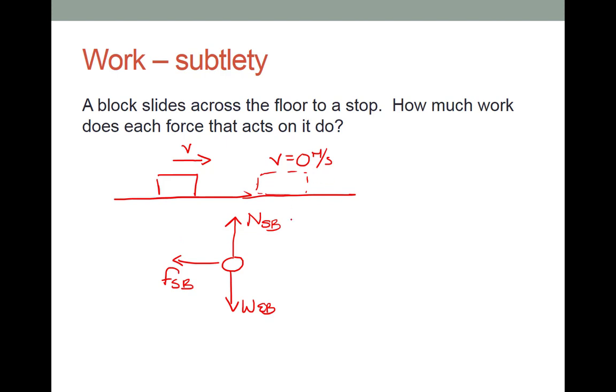As we've already discussed, the work from the normal force is 0 joules, and the work from the weight force is 0 joules. If you want to think about it as the angle is 90 degrees and therefore the cosine goes to 0, great. If you want to think about it in terms of velocity is to the right, normal force and weight force are up and down, and that's not parallel to the velocity, golden. The friction force is going to do work. And the question is, how much work does it do?